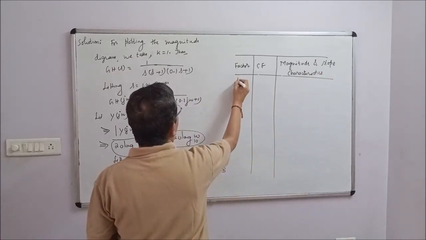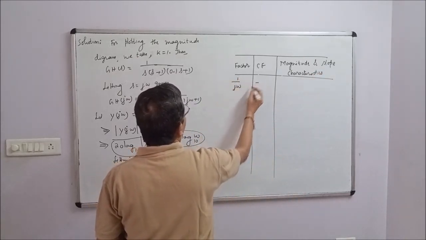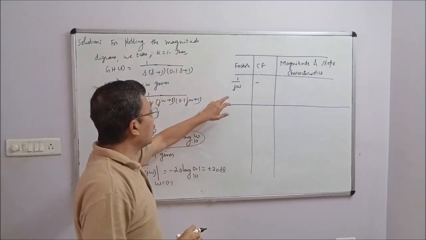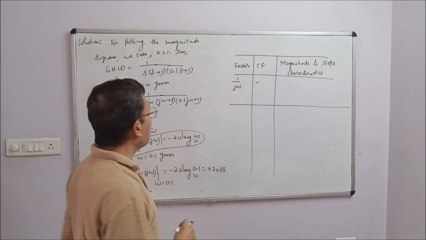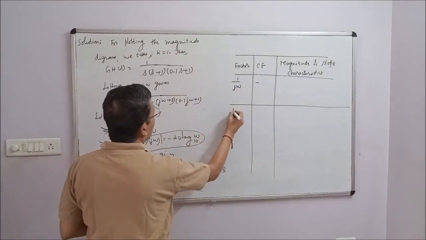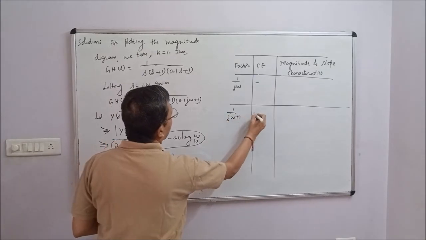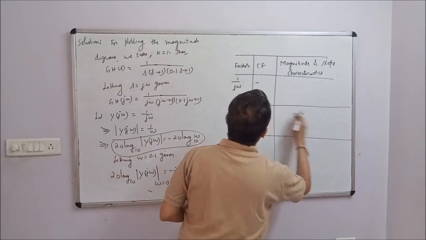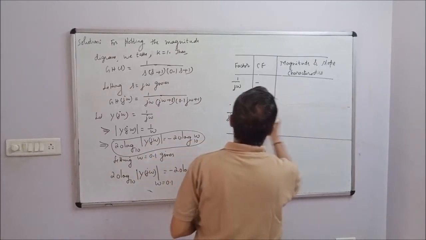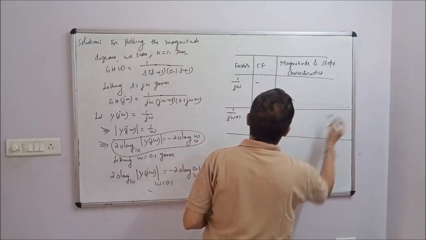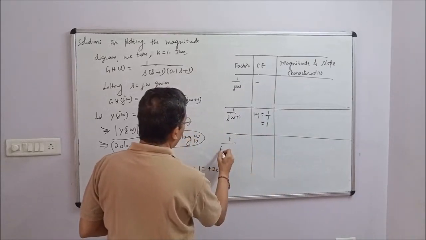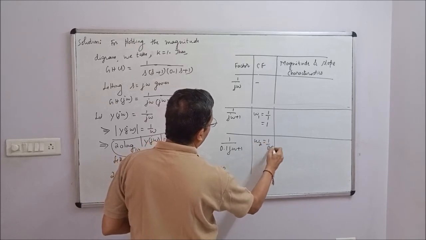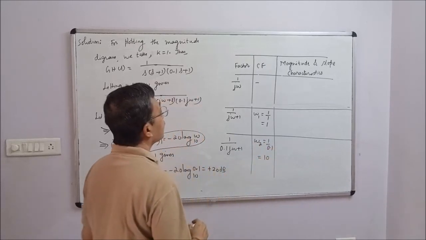The factors must be written in the increasing order of corner frequency. This factor is not in the time constant form, therefore there is no corner frequency. Next is 1 over j omega plus 1. Omega 1 is equal to 1 over 1, which is 1. Next, 1 over 0.1 j omega plus 1. Omega 2 is equal to reciprocal of 0.1, which is 10.